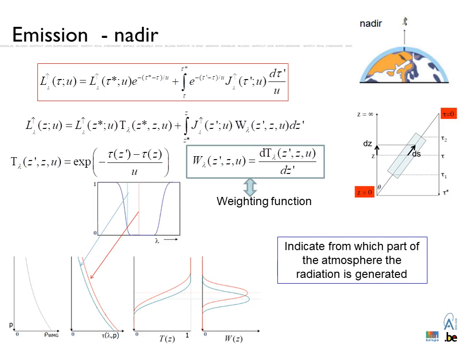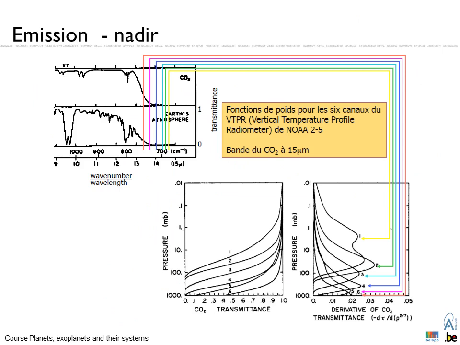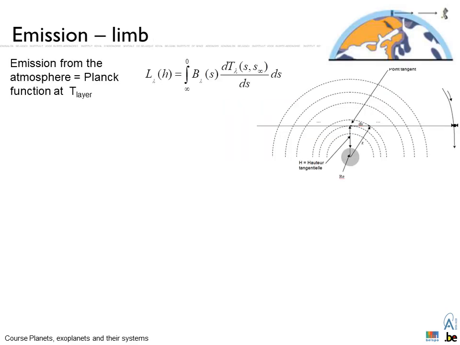This is why nadir observations usually make use of several wavelengths, which will probe different layers of the atmosphere, as is illustrated in the following slide, where you have an indication of where in the atmosphere, in pressure or altitude, the corresponding wavelength information will provide information on the atmosphere.